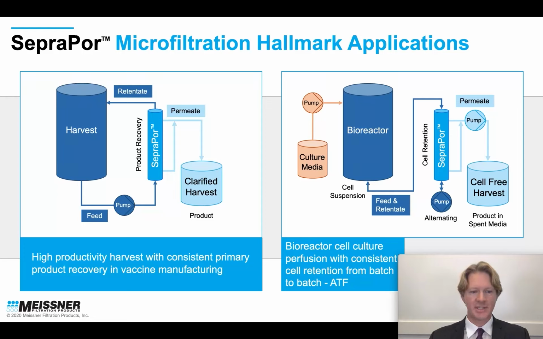The cell suspension is retained in the retentate, while the product containing permeate is collected with a pump as cell-free harvest material. As in TFF, as permeate is collected, the bioreactor volume decreases, and fresh culture media is pumped into the bioreactor to maintain volume and provide nutrients.